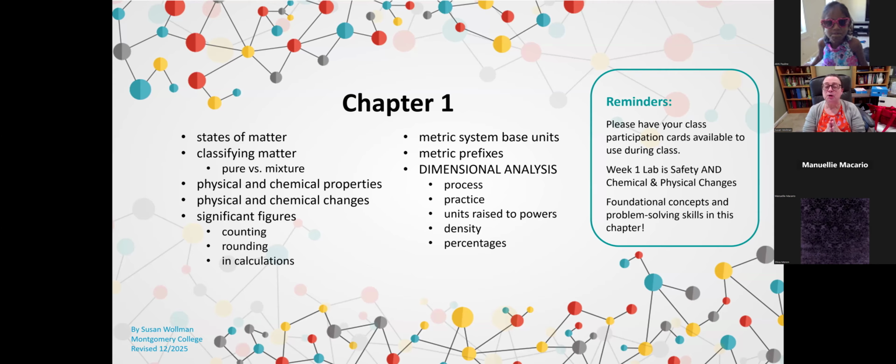We're going to start with a whole lot of definitions, a whole lot of new vocabulary, and then we're going to come back to significant figures, and then eventually dimensional analysis. But if we can get to significant figures today, that is good for us. That's where we need to be.